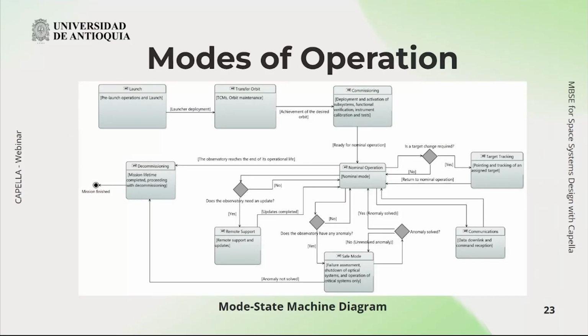And with the modes of operation, this is important because it's close to a CONOPS, because here we have the different modes that the observatory will have, starting from the pre-launch operations and until the decommissioning operations. So as you can see, we also have different choice nodes where the observatory has to select a yes or no option, and according to that answer, it remains in the same mode or it goes to another mode.